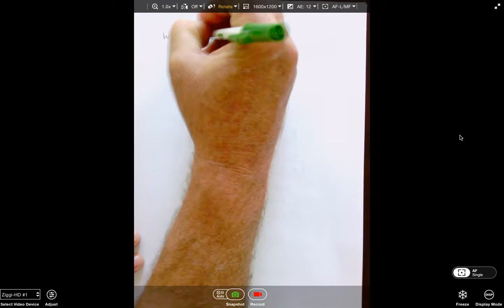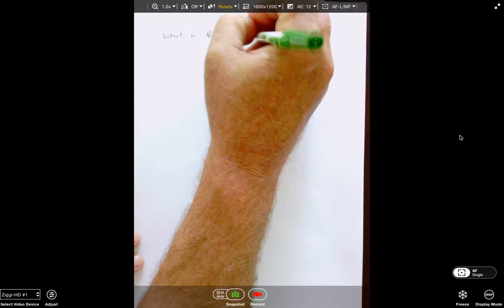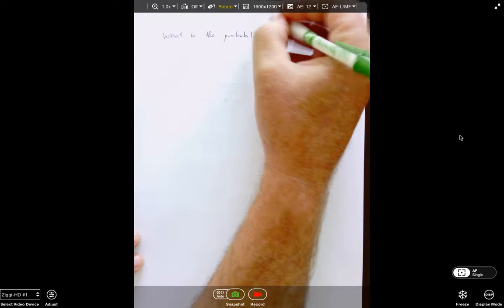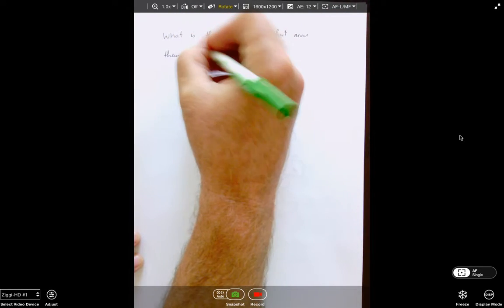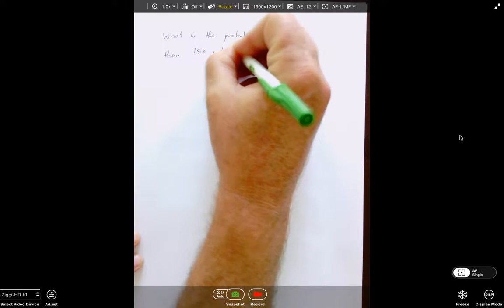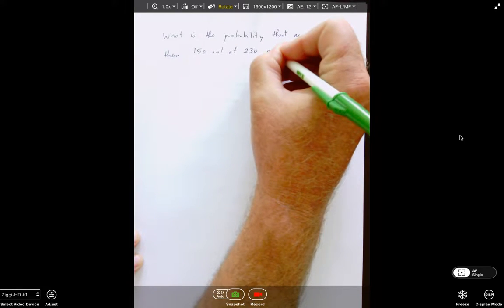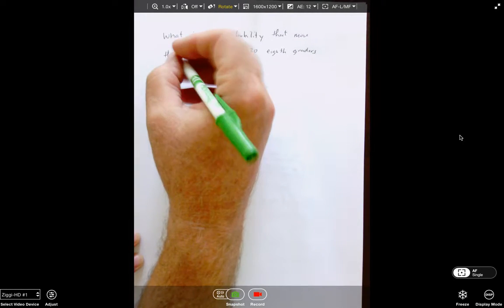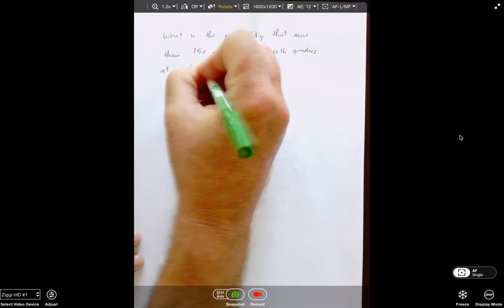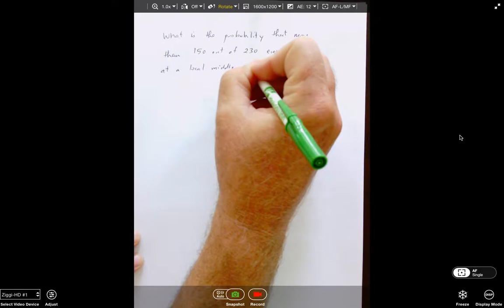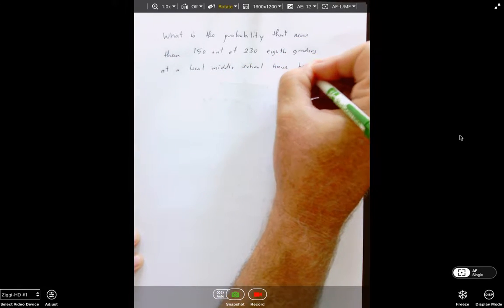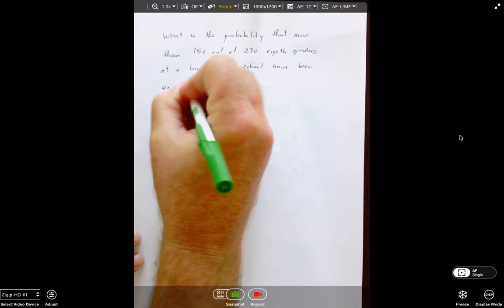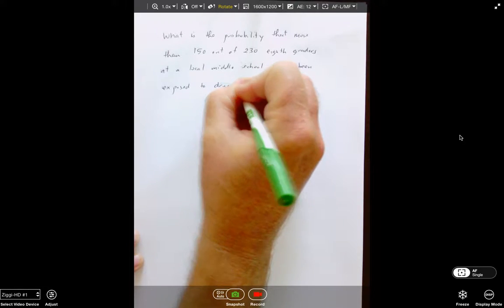I have this. What is the probability that more than 150 out of 230 eighth graders at a local middle school have been exposed to drugs.